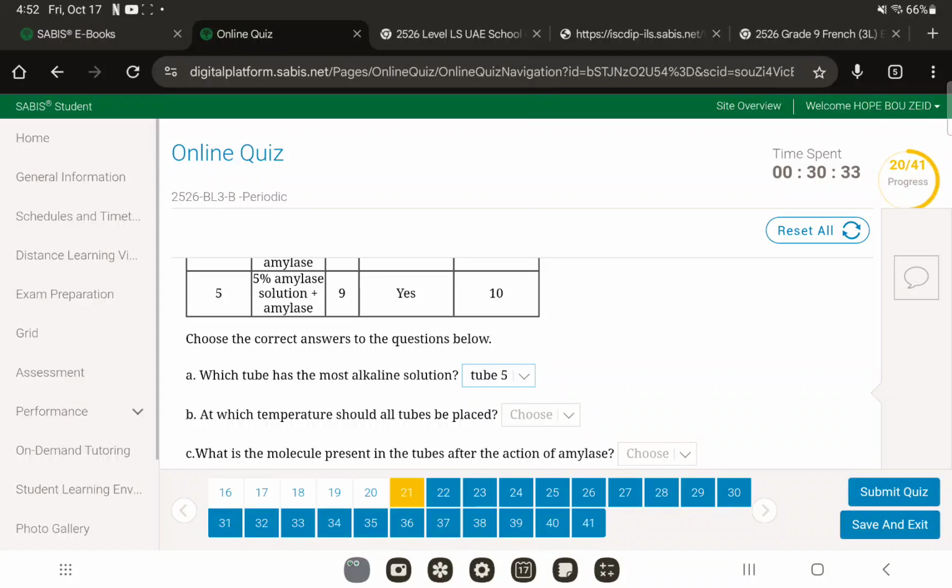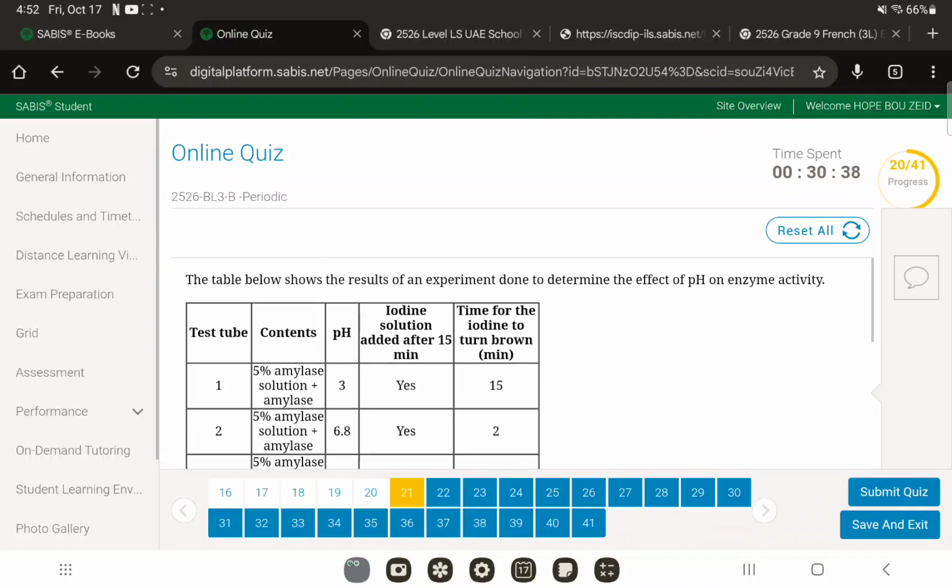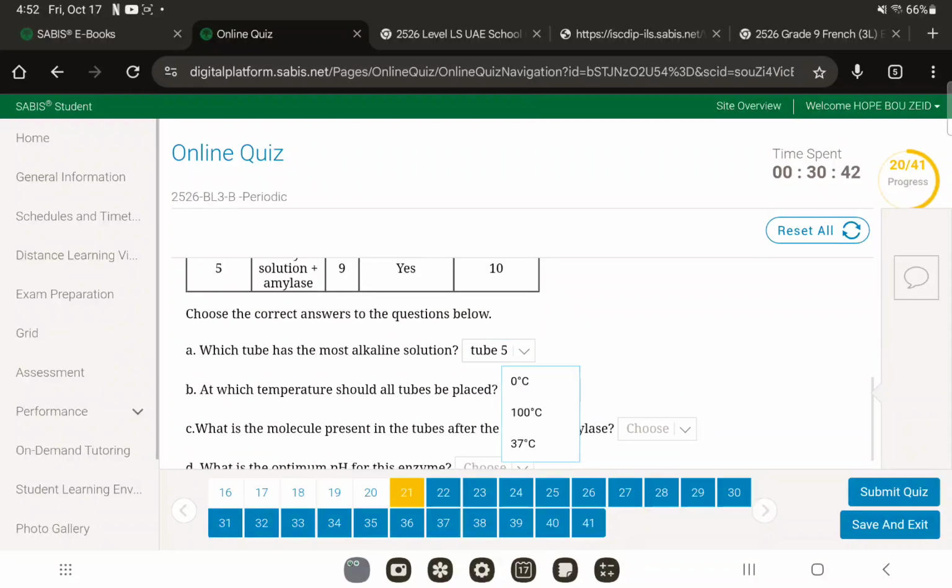At which temperature should all tubes be placed? Okay, let's see. So 0 degrees would take forever. It wouldn't do it any good, and if anything, it would just make the reaction rate slower. 100 degrees Celsius would just denature the enzyme, causing it to lose its function and never work again.